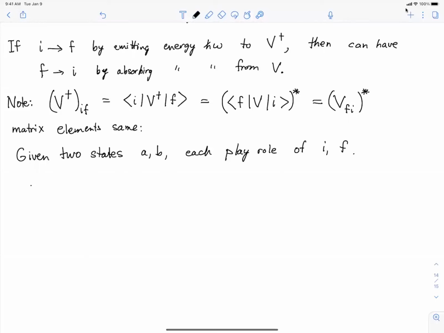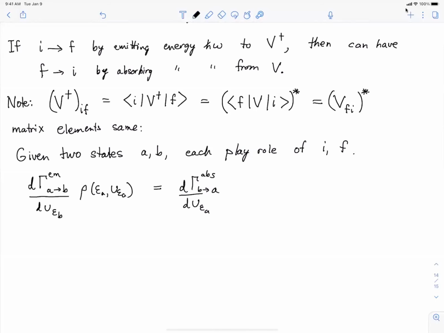If I take the emission rate to go from A to B, and I divide by the degeneracy differential, and then I multiply by the density of states, that has to be the same as the absorption rate with respect to the differential for its degeneracy to go from B to A times its density of final states.